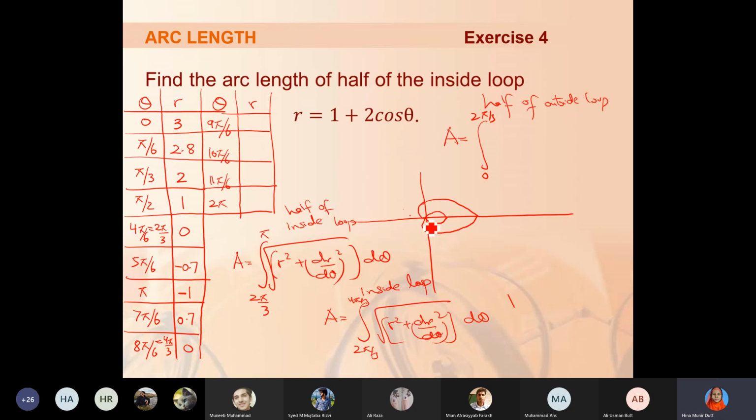And what about the lower loop or the complete outer loop, not the half? इसी को complete? 2 से मल्टीप्लाई कर लें. 2 से मल्टीप्लाई कर लें, और अगर मैं 2 से मल्टीप्लाई ना करूँ तो वैसे फिर क्या लिमिट्स बनेंगी?